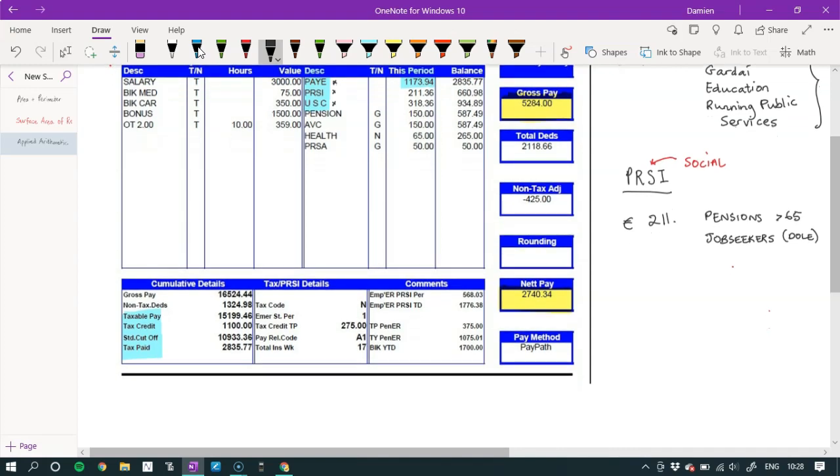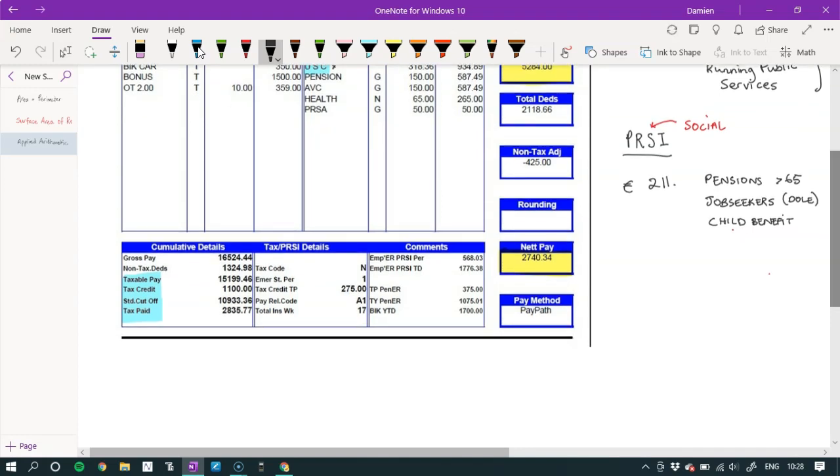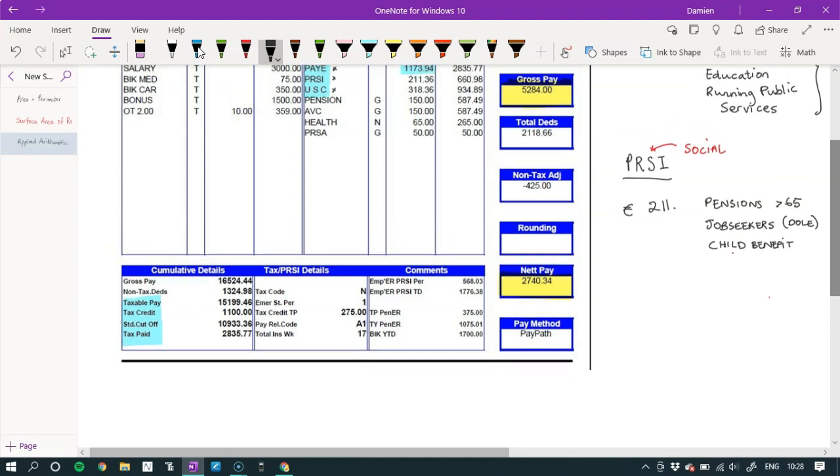Also things like child benefit. So if you're in a family, your parents are getting child benefit up to the age of you are being 18. And that is money that's given to families to help families buy stuff for the young people in their family. You know, things that are expensive, shoes, school stuff, books, all that sort of stuff. So all of that in there is PRSI.